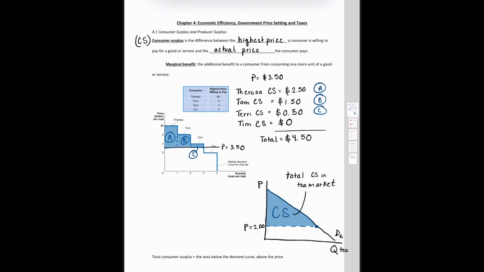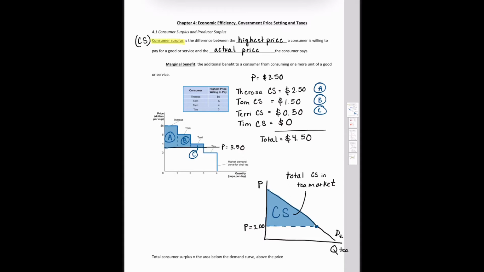Economists think about surplus in terms of the benefit people derive from exchanging goods and services in a market. So consumer surplus, or what I'll refer to as CS for short, is the difference between the highest price a consumer is willing to pay for a good or service and the actual price that the consumer pays.